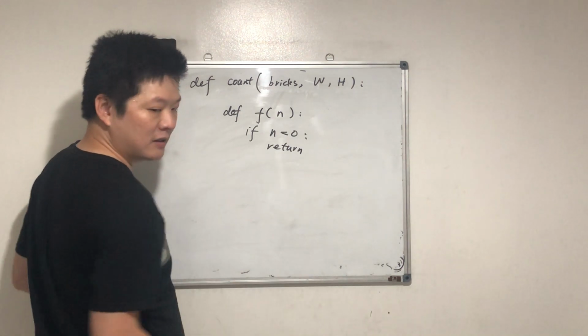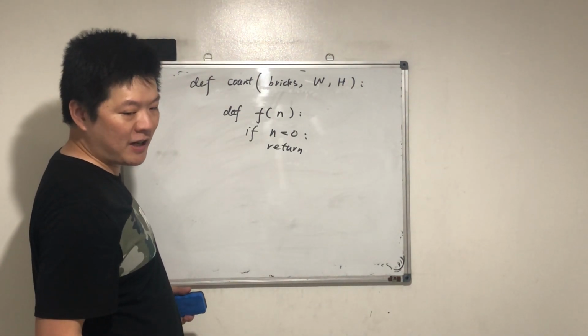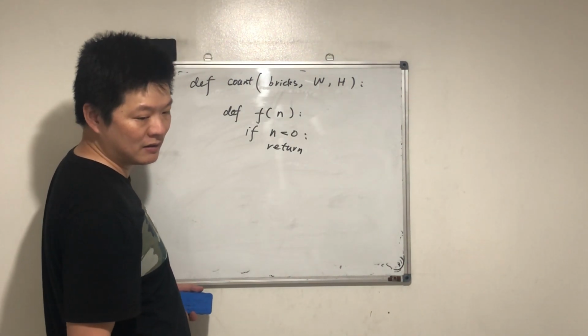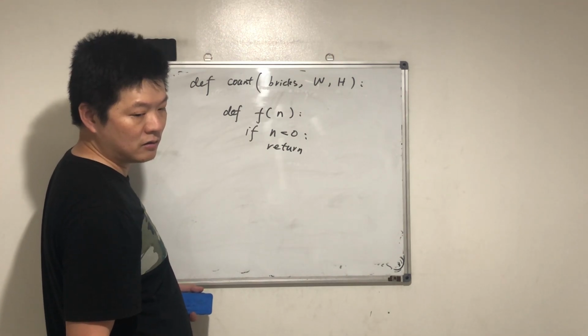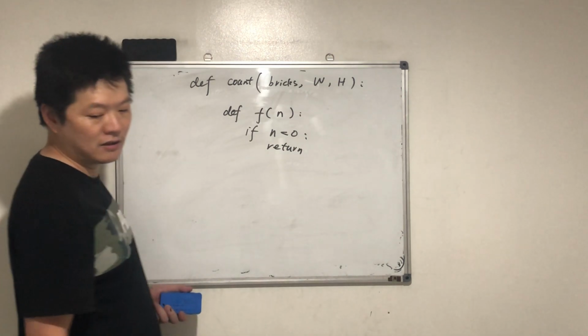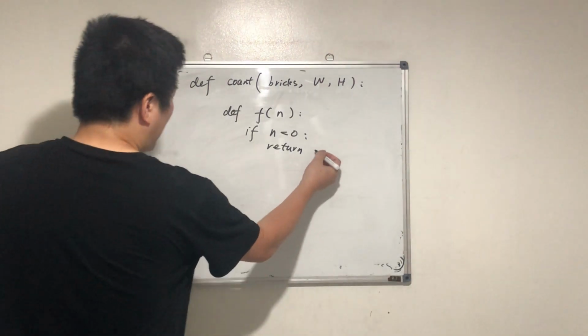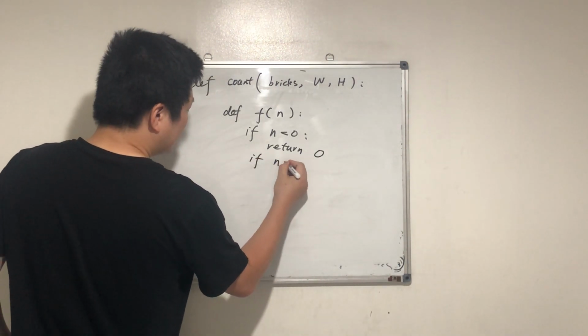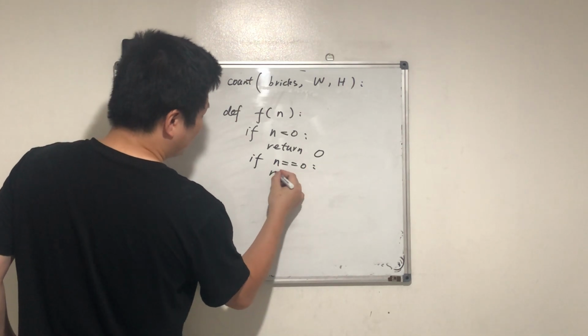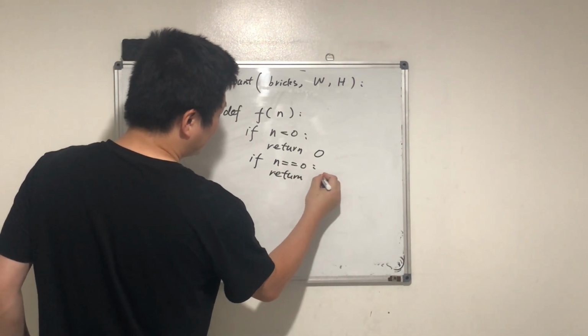Right? If n is smaller than 0, what happens? How many ways? 0. Yeah, return 0. And if n is 0, then we return 1, right? Okay. These are terminate cases.